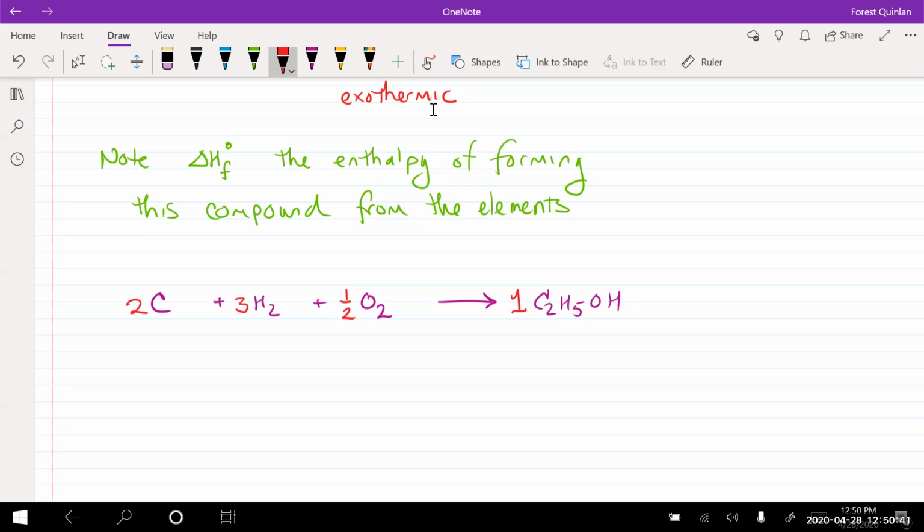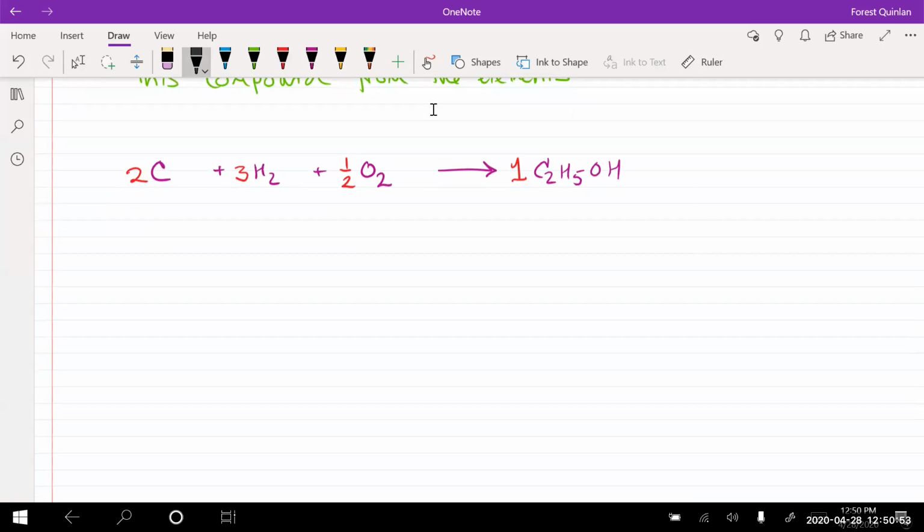But what happens if you're not doing that? What happens if you're actually going from compounds to compounds to compounds? Because that's in reality what we do. So actually I should say, these are making 1 compound from the elements.